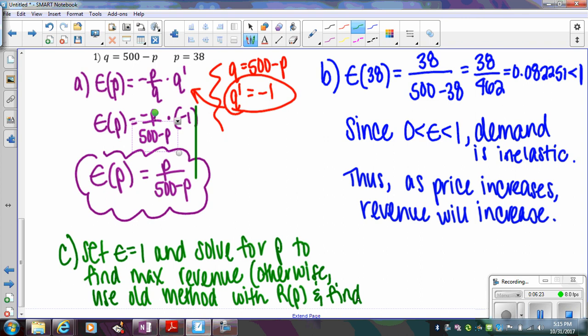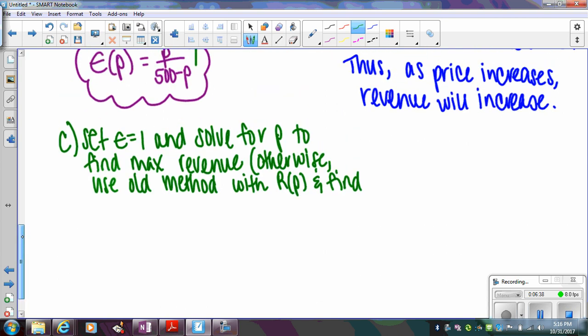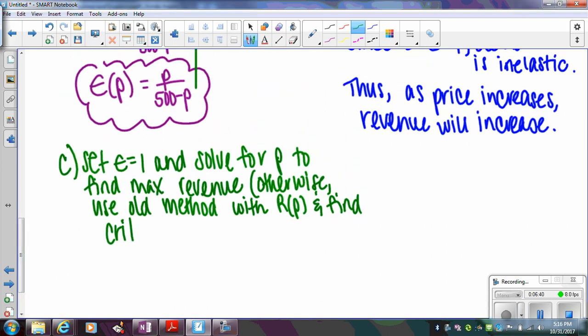So when I say old method, I mean find the revenue function, which is just going to be your price times your demand. So find your revenue function, take the derivative of it, set it equal to 0, and get those critical values. So that would be the old way.